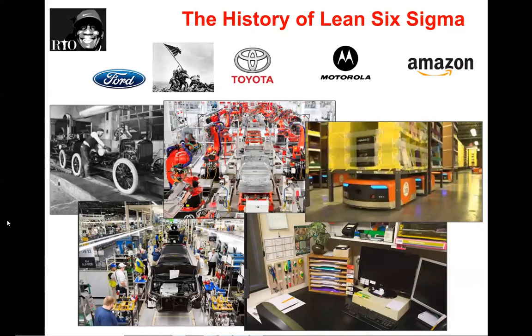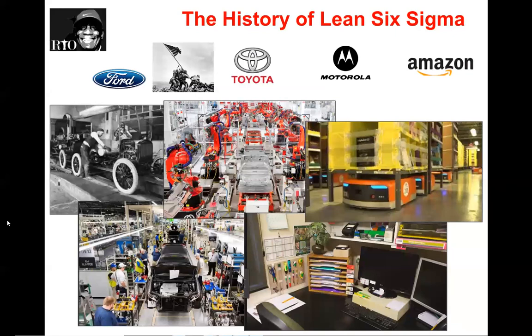As we fast forward, we see the lean concept in the lower left, and then the lean concept getting roboticized a little bit more in the upper middle chart. Later, many organizations that were not manufacturing offices began to use these concepts of Lean Six Sigma, and you can see an example of that in the lower right.